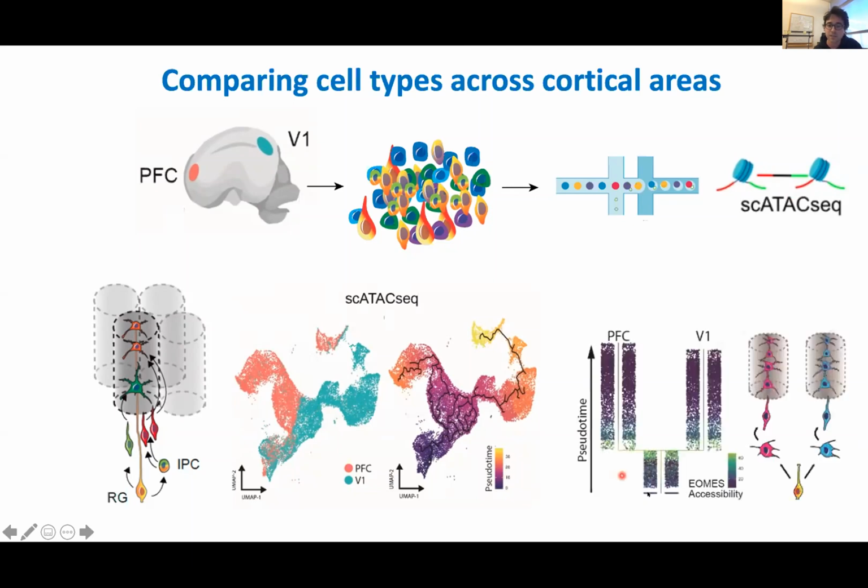Now, interestingly, in contrast to the picture in transcriptomics, the divergence between prefrontal cortex and visual cortex lineages occurs at the time when EOMES accessibility is the highest. This is also known as TBR2, which is a marker of these intermediate progenitor cells, suggesting that the chromatin state distinctions during excitatory lineage neurogenesis distinguish neuroprogenitor cells before there are substantial transcriptomic differences between those lineages.